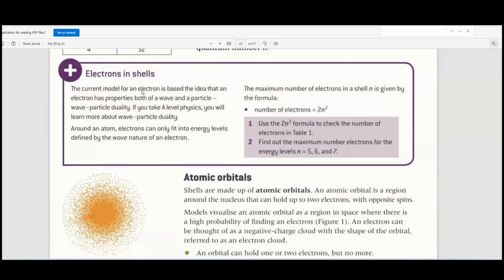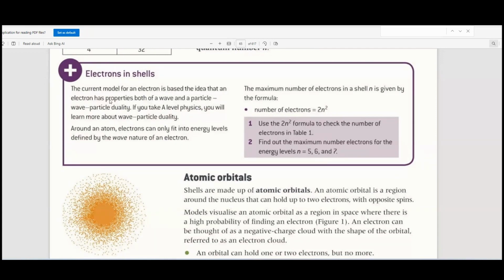The current model for an electron is based on the idea that an electron has properties both of a wave and a particle: wave-particle duality. If you take A level physics, you will learn more about it.